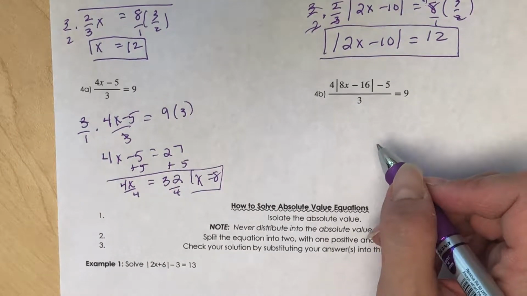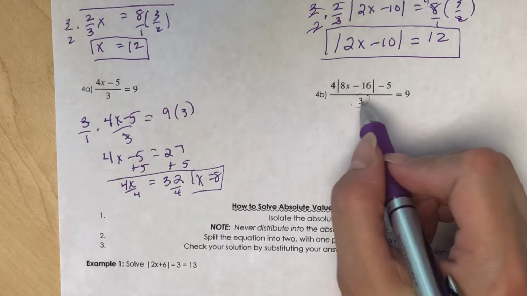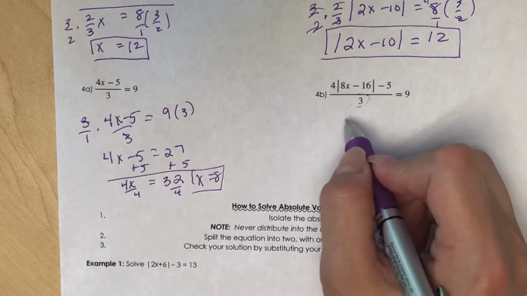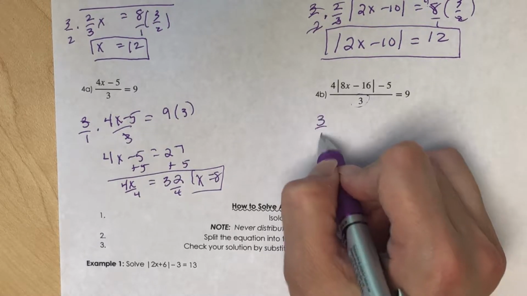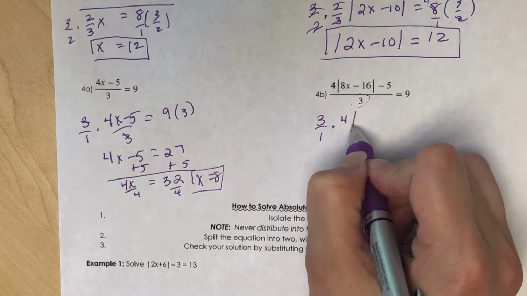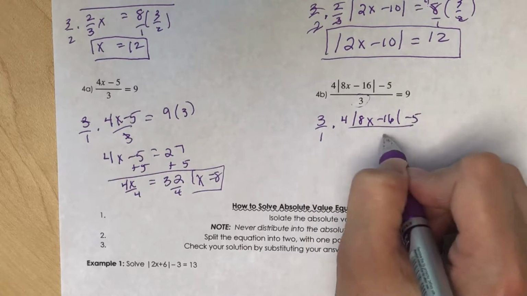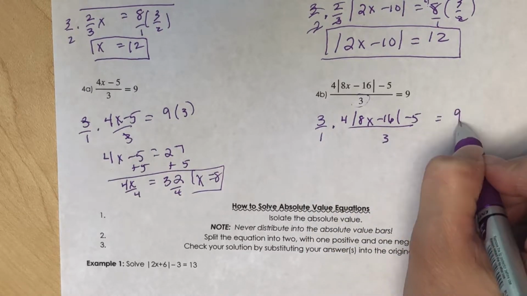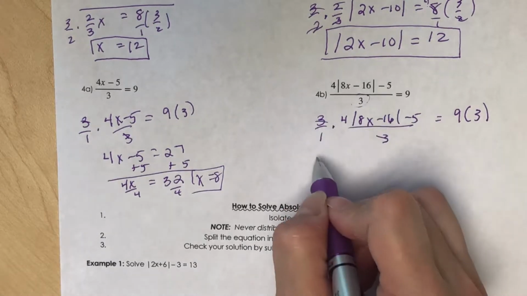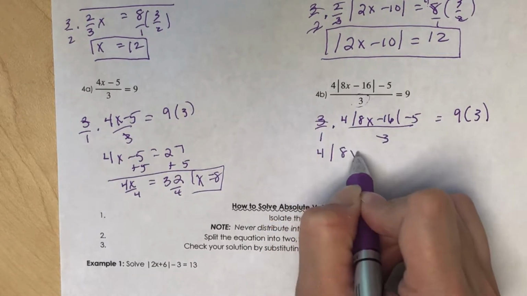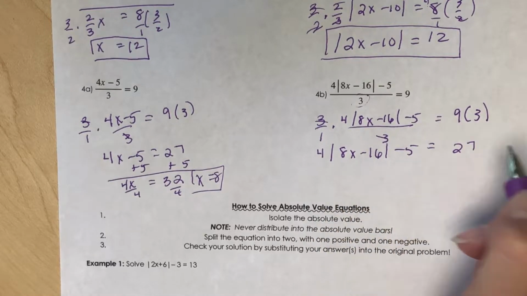4b is going to be the same exact steps. Multiply both sides by 3. So when I multiply the left, it's going to cancel. So I'm going to do 3 over 1 times all this and multiply the right side times 3. So these cancel. I'm left with 4 times absolute value 8x minus 16 minus 5 equals 27.